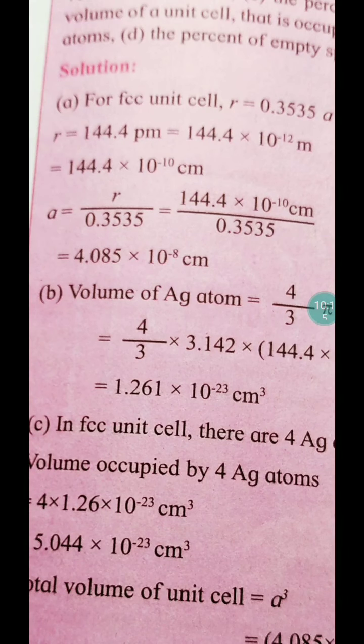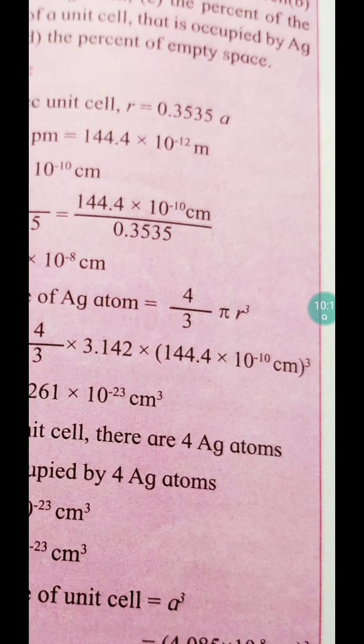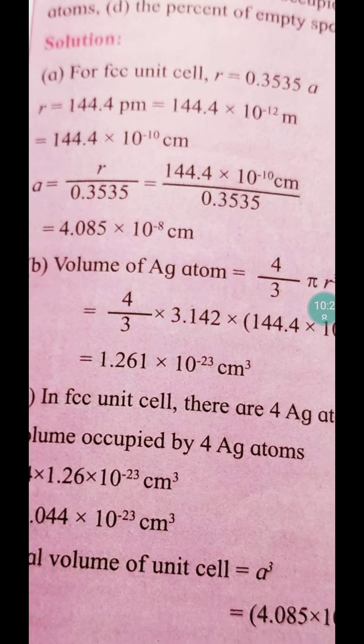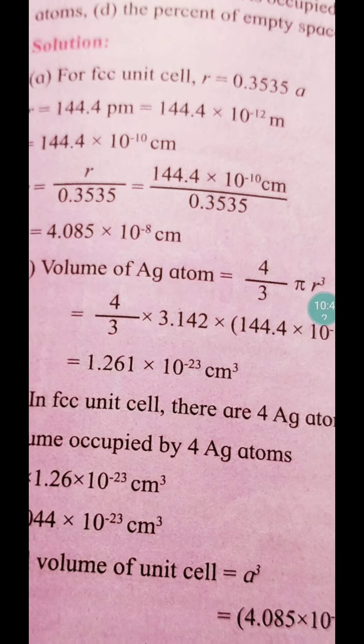Now the volume of the silver atom is 4 by 3 pi r cube. This is the volume of the atom because it is spherical, and therefore by putting the value of r in centimeter, 4 by 3 times 3.142 multiplied by the radius cubed, we get 1.261 into 10 to the power minus 23 centimeter cube.